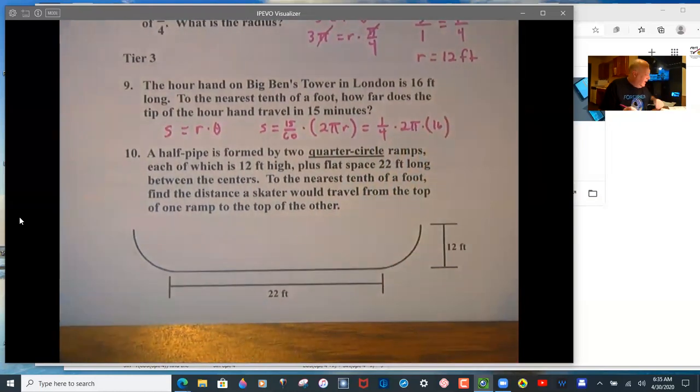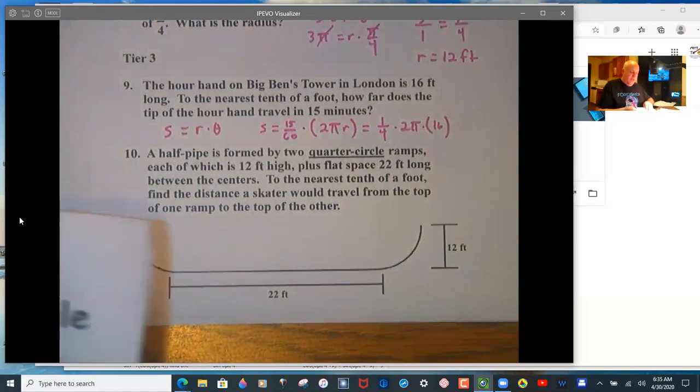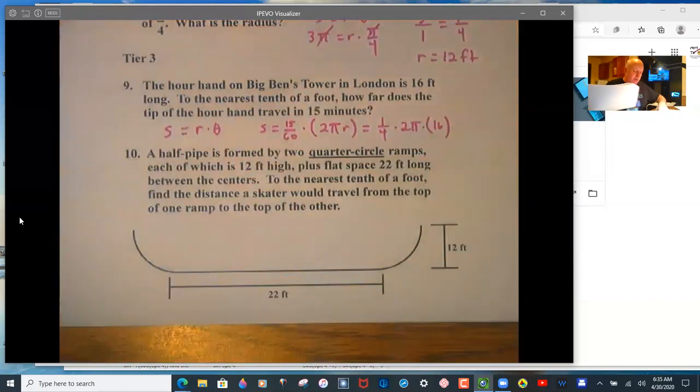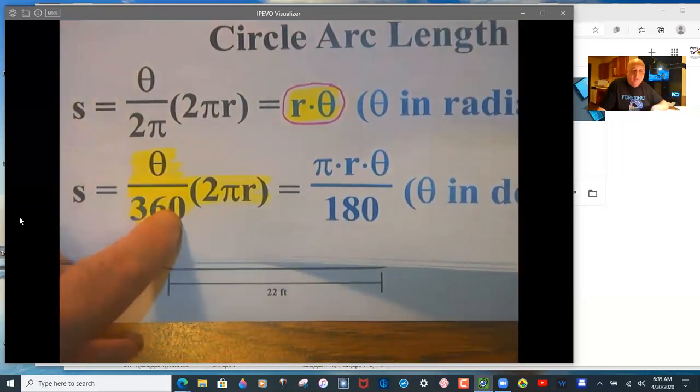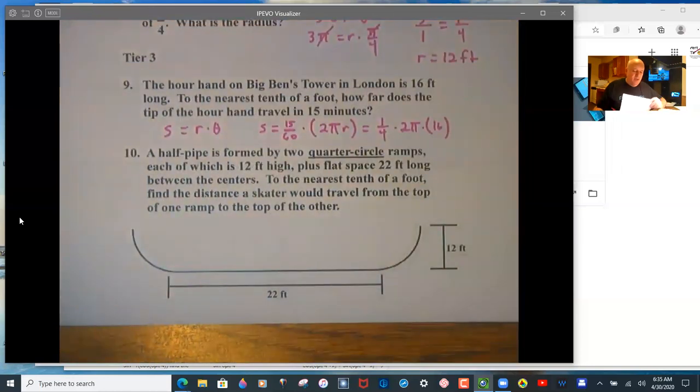So what I'm getting at with arc length, let me go back to the notes here, is this fraction piece times 2 pi r, and that this fraction can be anything. It doesn't necessarily have to be an angle. Kind of a weird idea there, but that's what is going on.